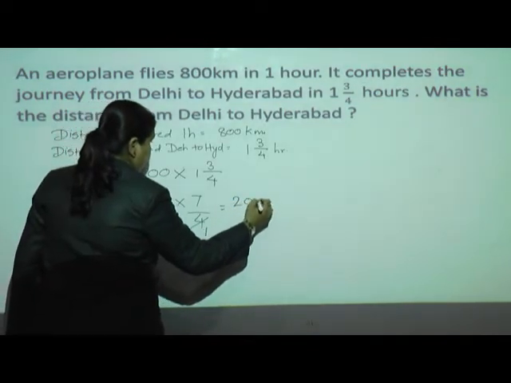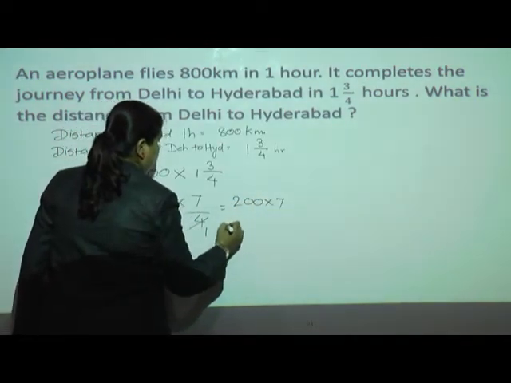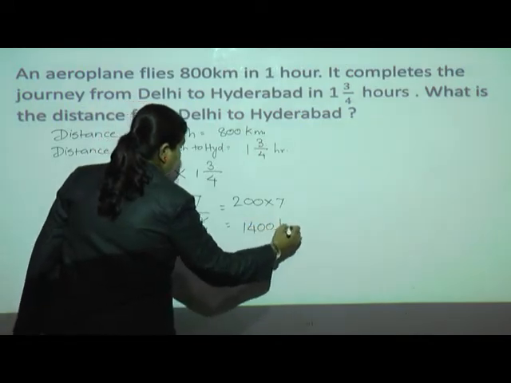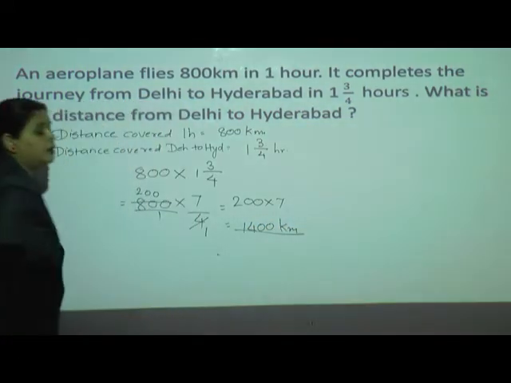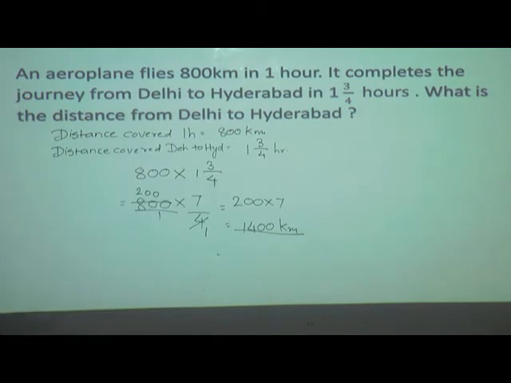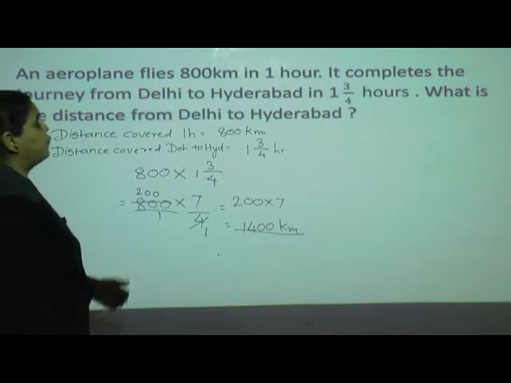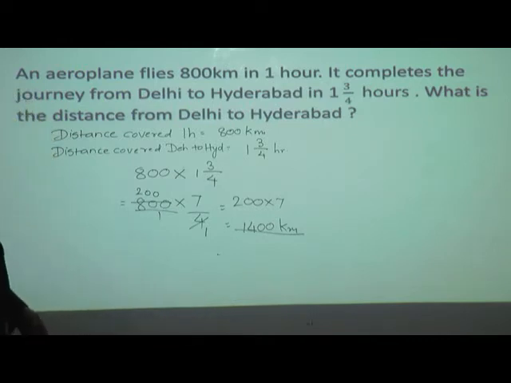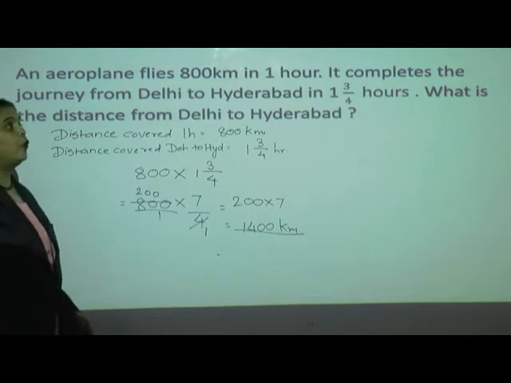Multiplication of the numerators is 200 into 7, 7 2s are 14. What will be the distance? It will be in kilometers. So the distance between Delhi and Hyderabad is 1400 kilometers, which will require 1 hour 3/4.